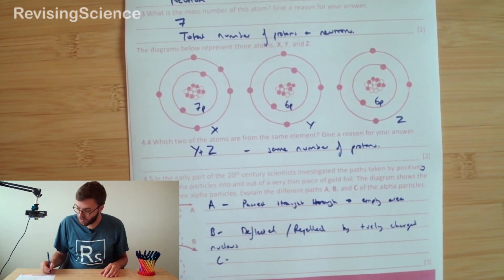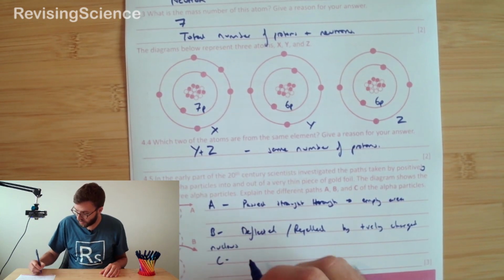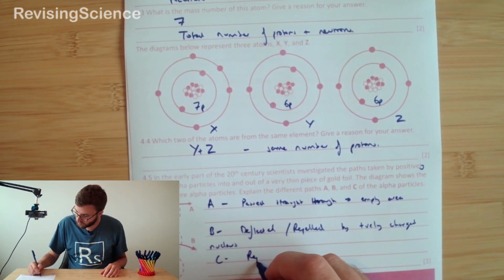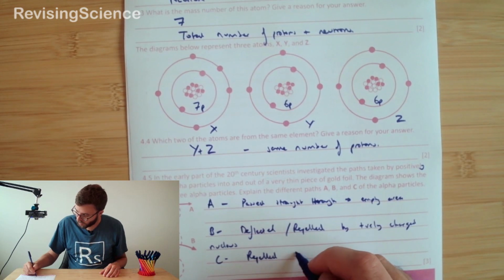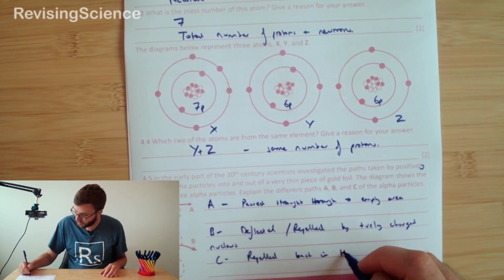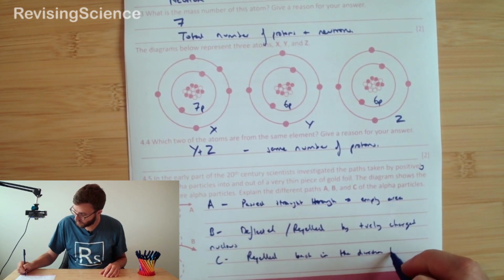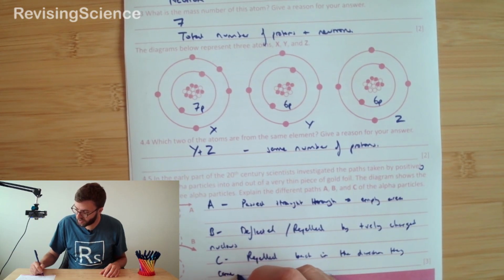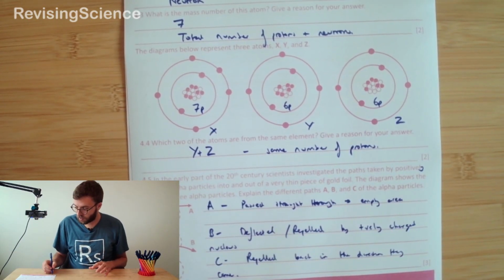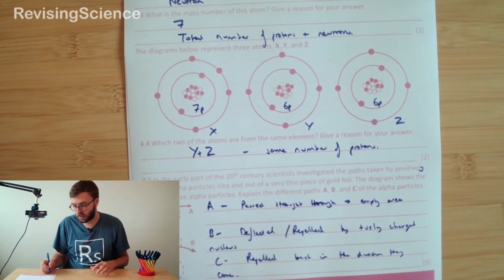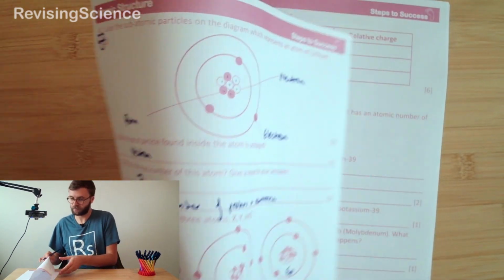And in C, you can see that that repulsion has happened completely to reflect them back. So they've been repelled back in the direction they came. It's important in these questions not to refer to them hitting the nucleus. They don't hit the nucleus, they're repelled by those like charges.